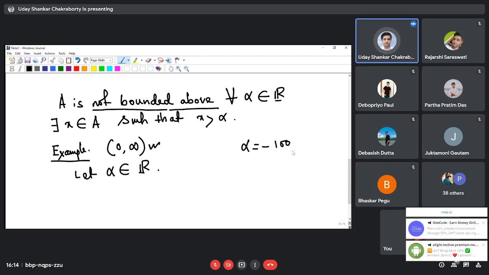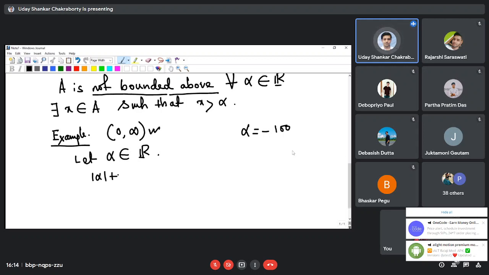So that is the answer. Since alpha is a real number, mod alpha is always non-negative, so mod alpha plus 1 will be an element of this set 0 to infinity, and mod alpha plus 1 is strictly greater than alpha.